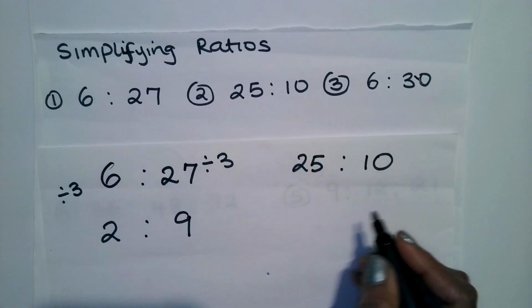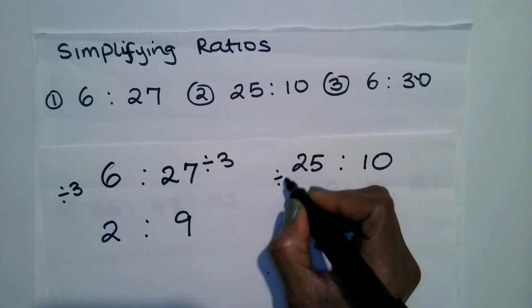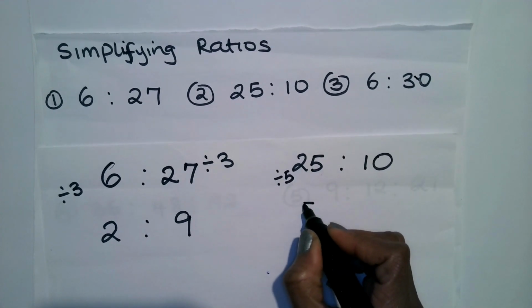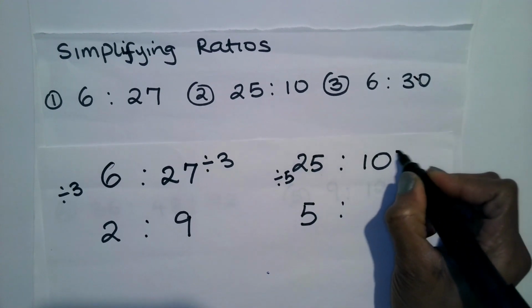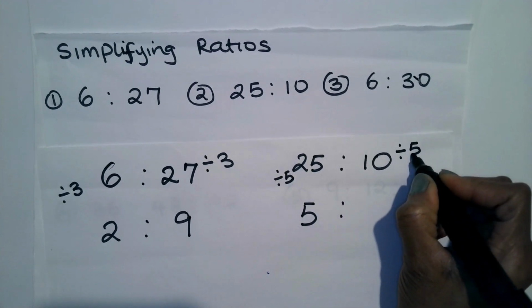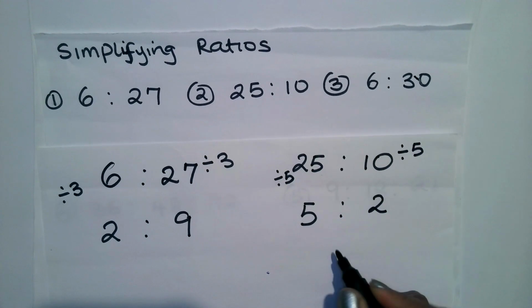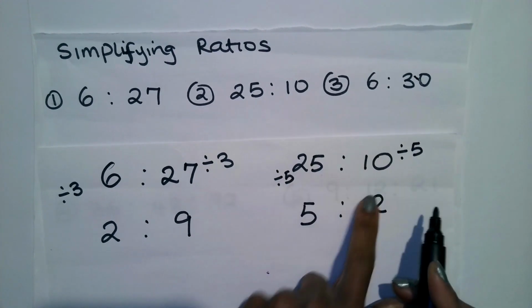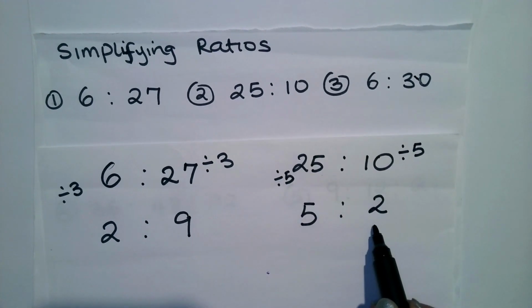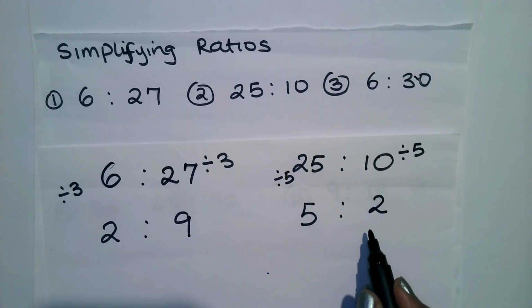So we divide by 5 to give me 5. Divide by 5 to give me 2. So now this ratio has been simplified to its simplest form.